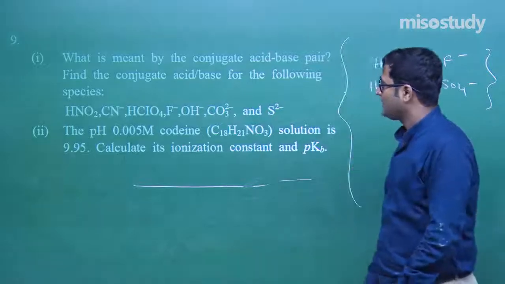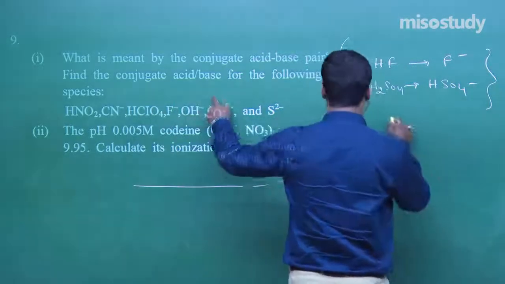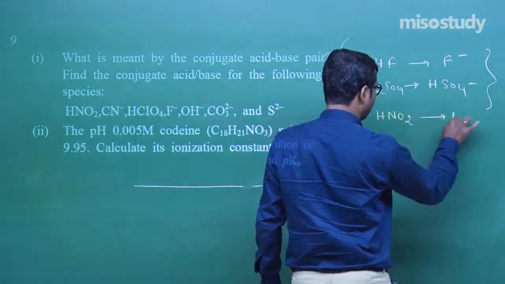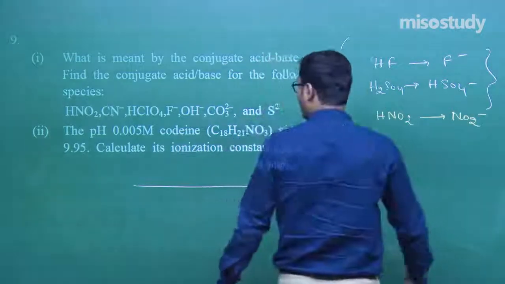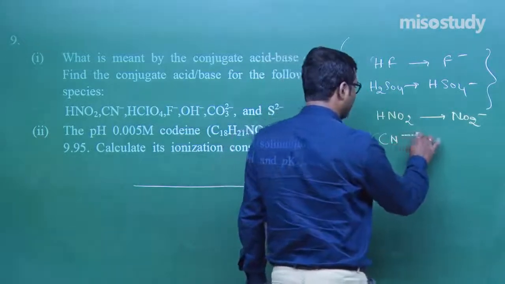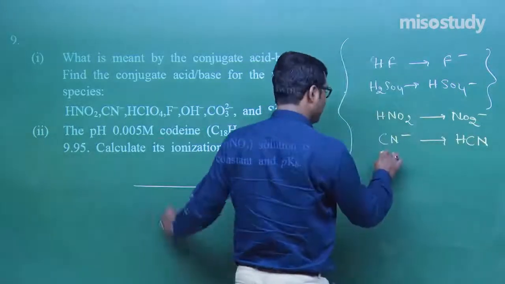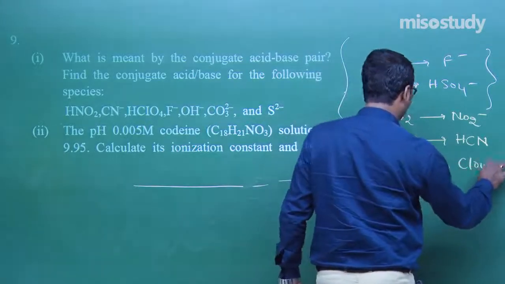So what is given here? What is the conjugate acid or base for the following? If I write here HNO2, the conjugate base is NO2 minus, my friend. Now if I write here CN minus, what is the conjugate acid? HCN. And HClO4, what is the conjugate base, my friend? ClO4 minus.